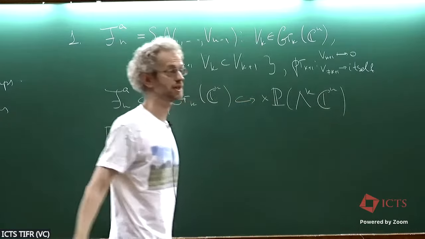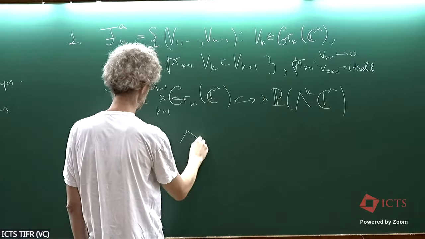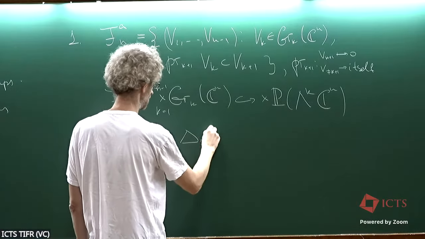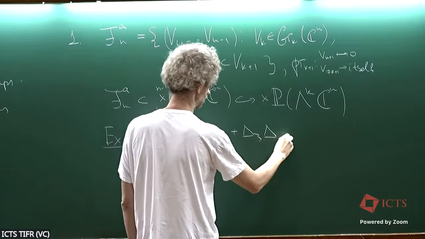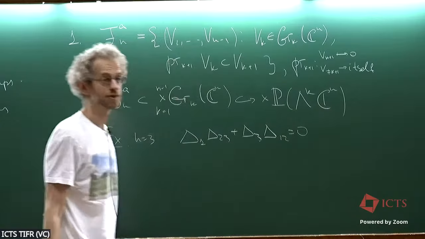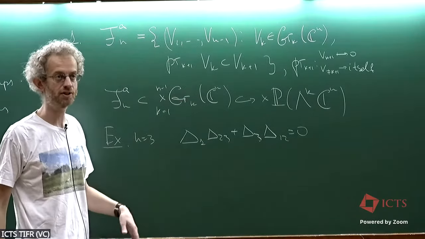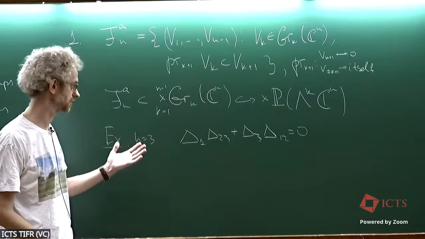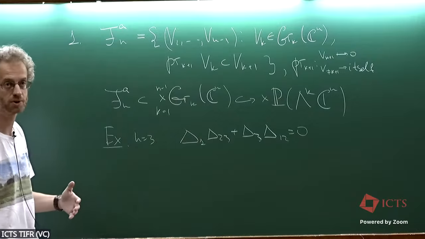This is the standard Plücker embedding, and we saw that for n equals 3 we have one relation saying that delta 1 delta 23 plus delta 3 delta 12 is 0. Okay. So in general, you can also write the defining ideal. The claim is that it's also generated by quadratic relations. These relations can be explicitly written.